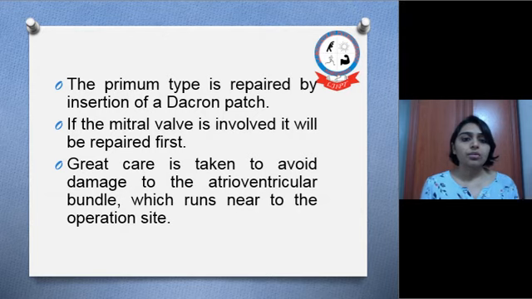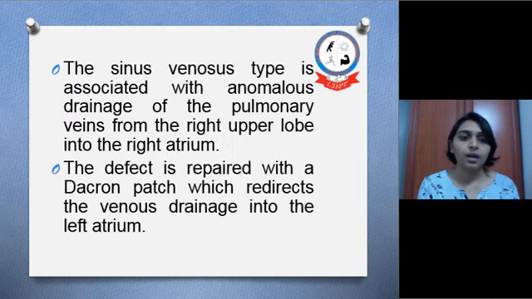Great care is taken to avoid damage to the atrioventricular bundles which run near the operation site in case of the primum type. The sinus venosus type is associated with anomalous drainage of the pulmonary veins from the right upper lobe into the right atrium. So the defect is repaired with a Dacron patch which redirects the venous drainage into the left atrium.